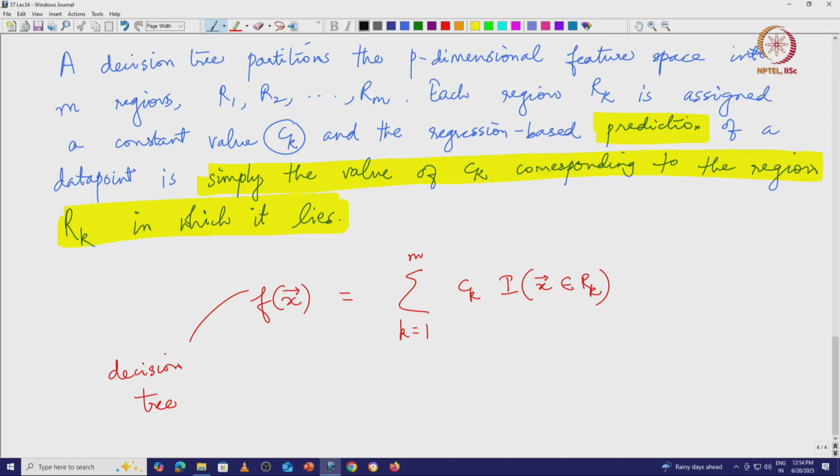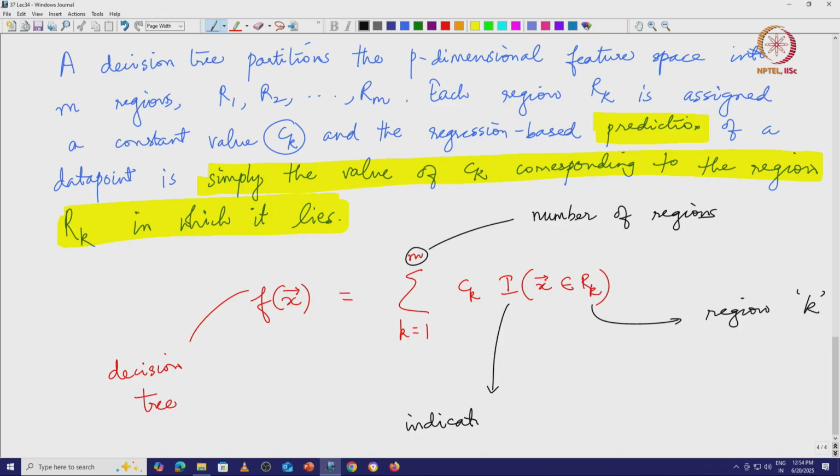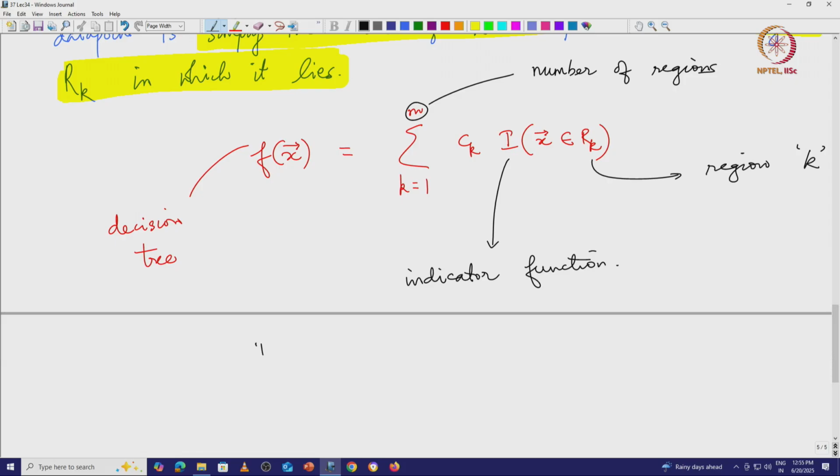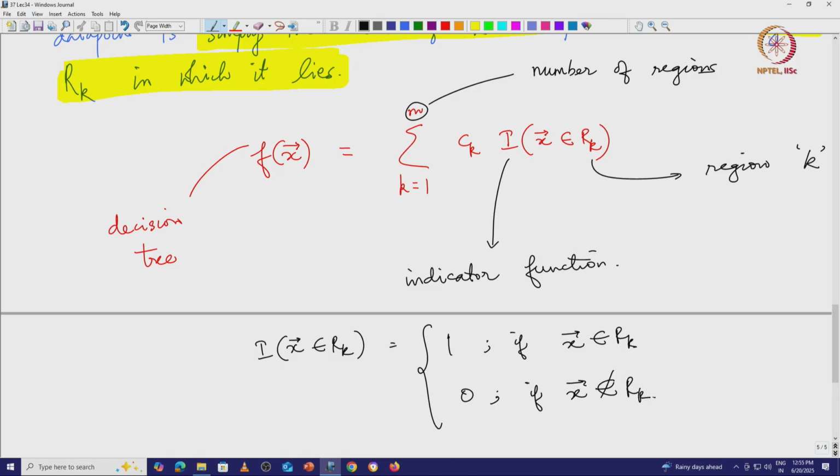So to reiterate, m is the number of regions, Rk is region k, so k is an index for the regions, and I, as you know, is an indicator function. Okay, and it is a binary function which will return 1 if x is in Rk, and it will return 0 if x does not belong to the set of points in the kth region.